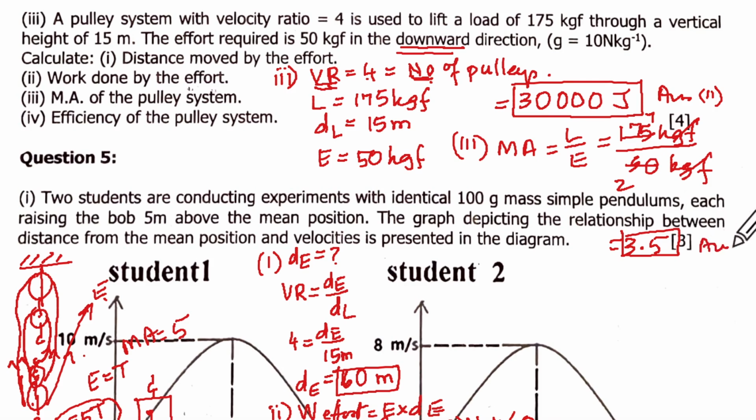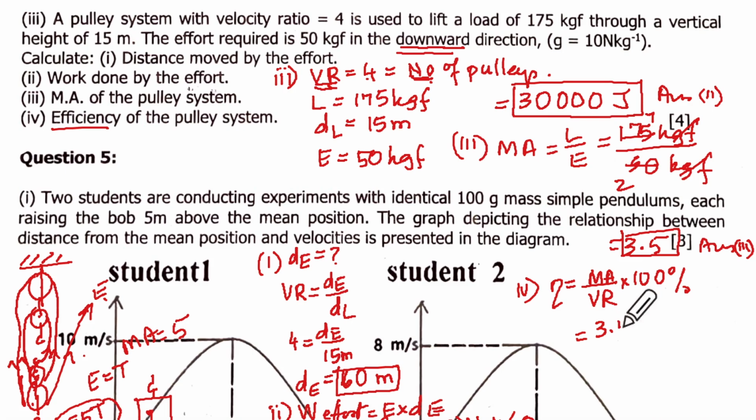Can you see that? The efficiency is going to be definitely less. Let us see. They read my mind. See the efficiency. Efficiency will be what? MA upon VR multiplied by 100%. What is MA? 3.5. But when you are writing this, you could write it as 7 upon 2, and in the denominator VR is 4.